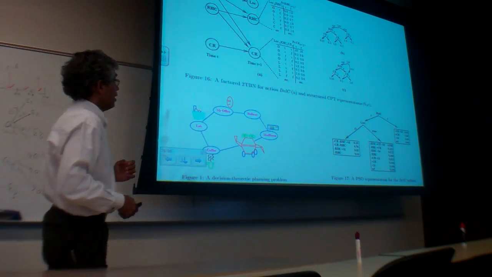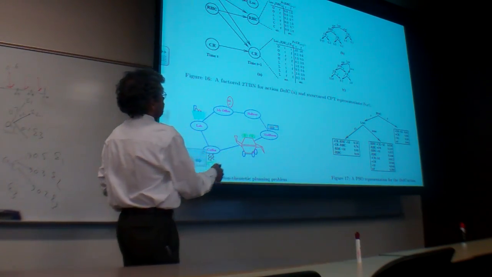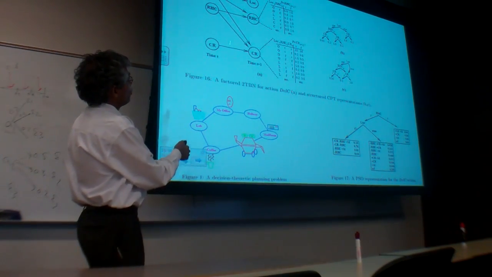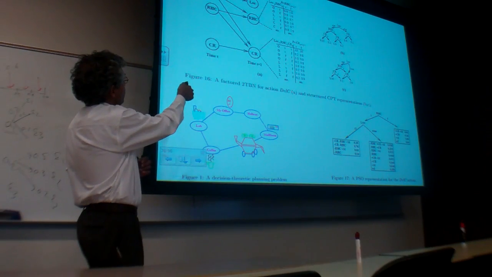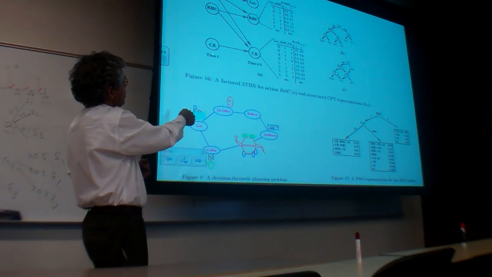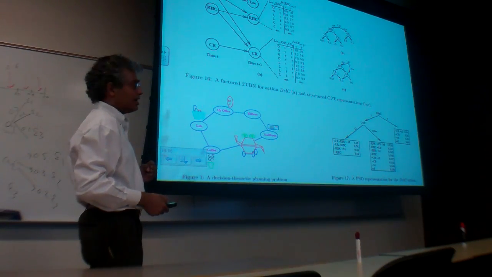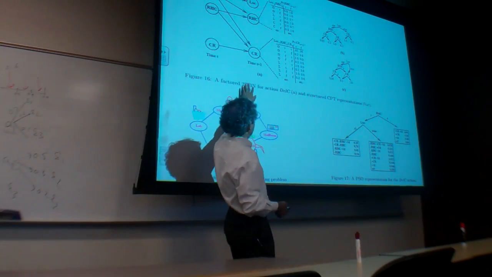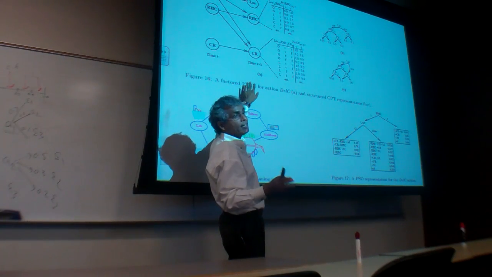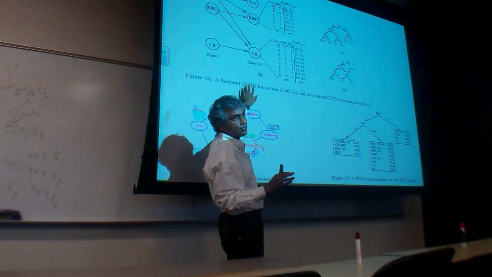Now, the other point to make is you could represent actions this way, where you think in terms of state variables in the previous level and how they are connected to the state variables in the next level. This is called the 2TBN, 2 time slice Bayes network representation for this action.